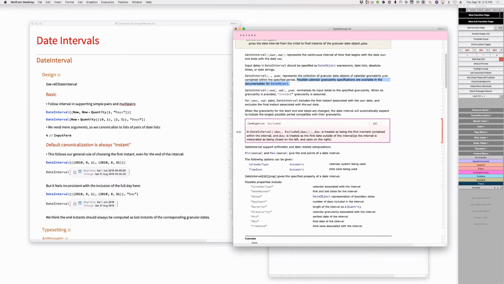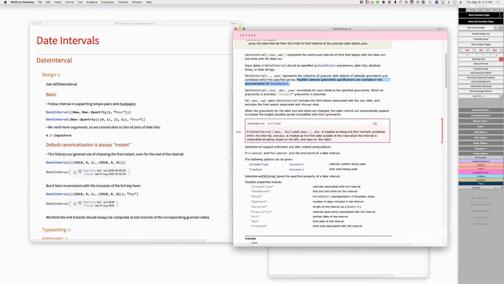So the granularity of date interval you're saying represents the collection of days between those two start and end points. Is that right? Yeah, it's the granularity of the dates contained in that interval.